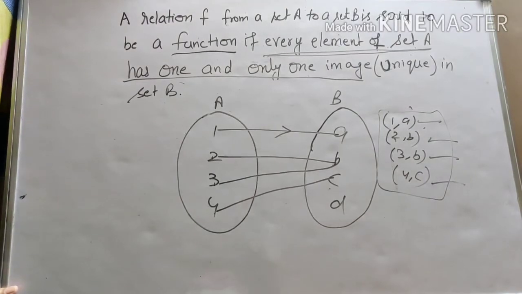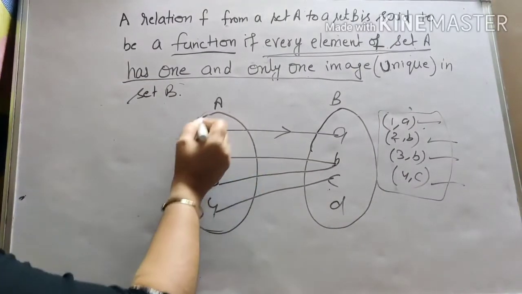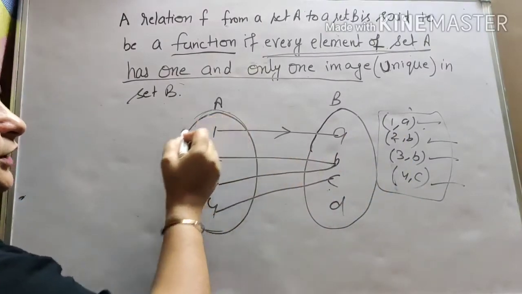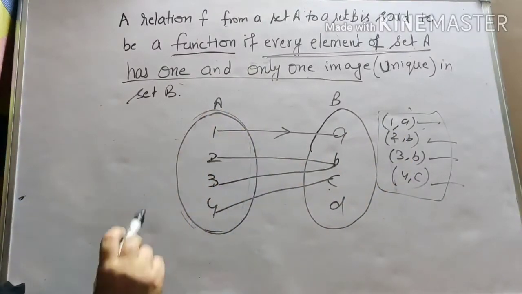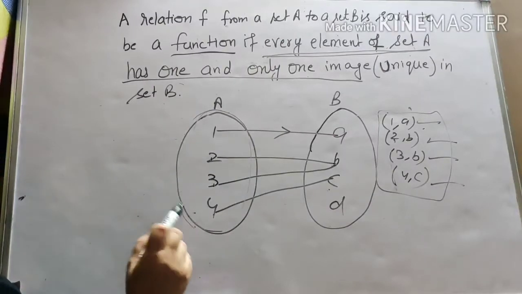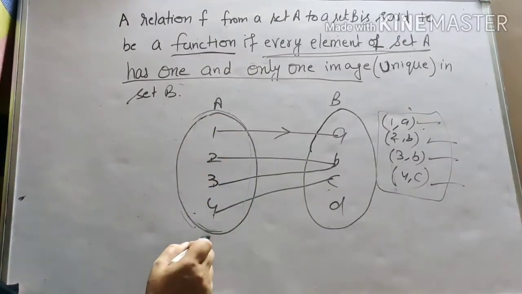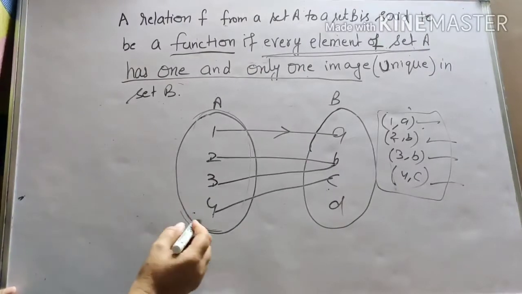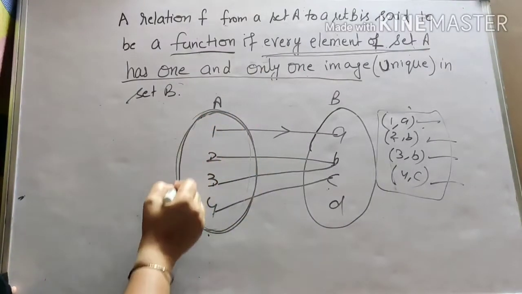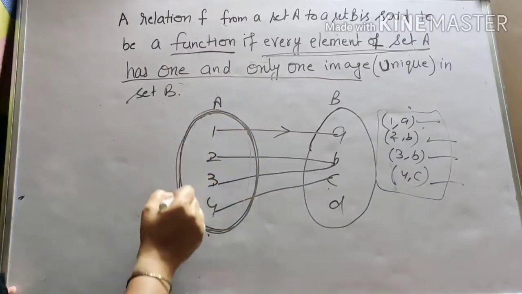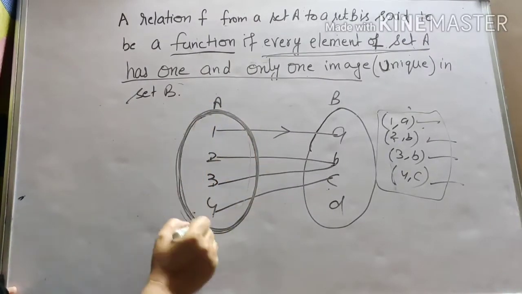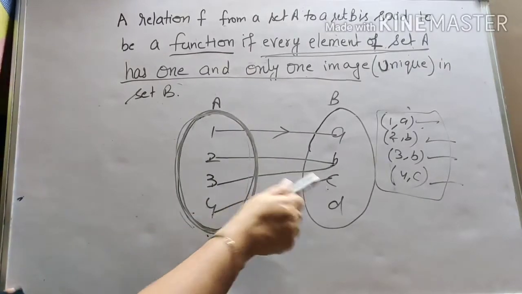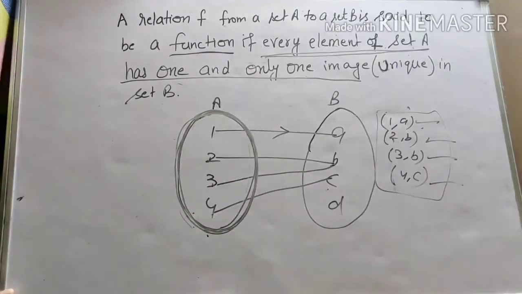In short, we can say by the definition of a function, no element of A should be left and no element should be repeated. Therefore, this relation is a function.